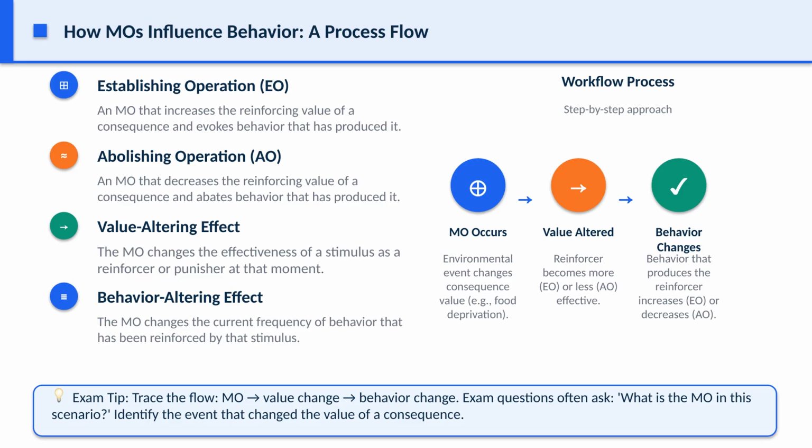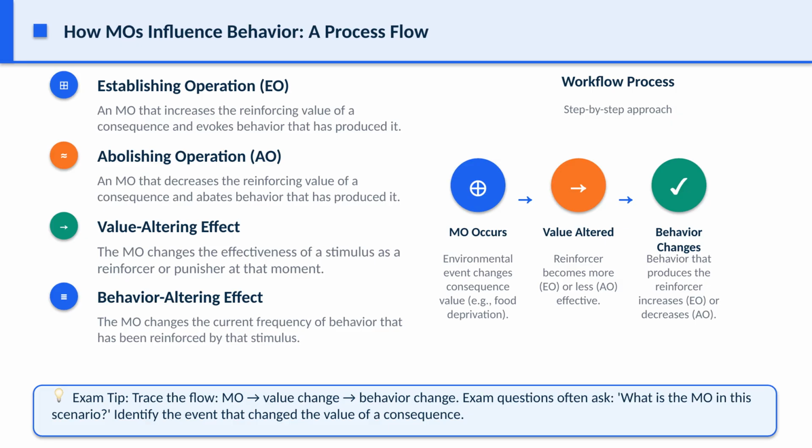For example, food deprivation makes food more valuable and increases the likelihood of food-seeking behavior. In contrast, an abolishing operation, or AO, decreases the reinforcing value of that same consequence and abates the behavior that produced it. Like satiation after a meal reduces both the value of food and the urge to seek it. These are the value-altering and behavior-altering effects, respectively.